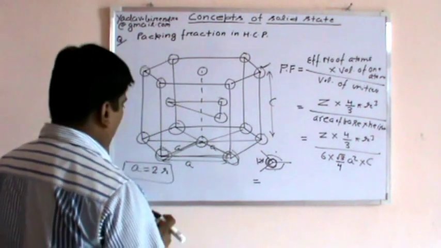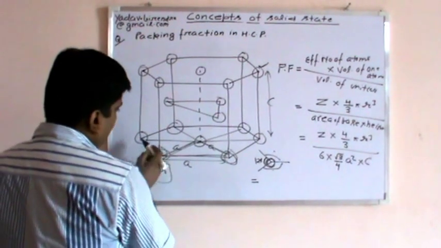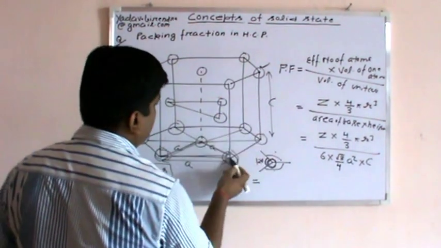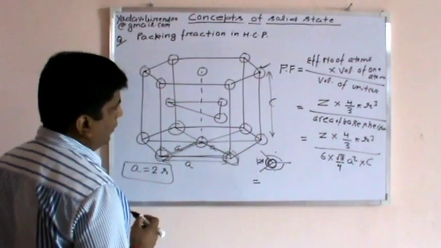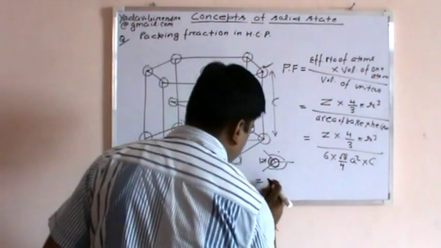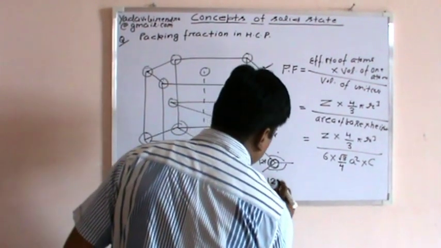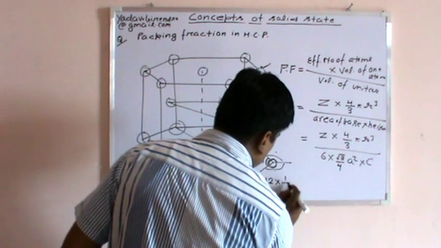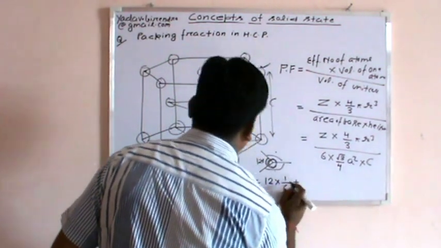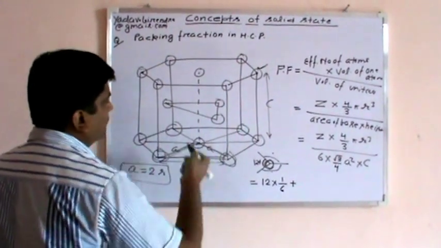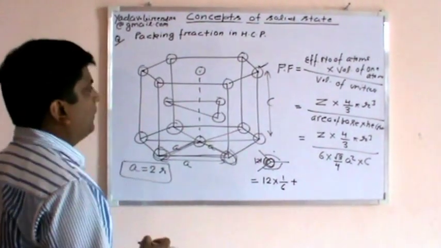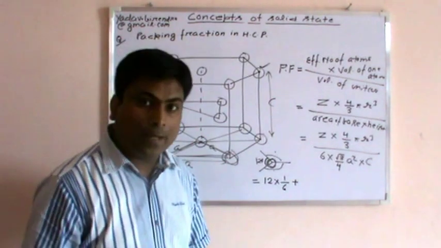Now the total number of corner atoms here are 1, 2, 3, 4, 5, 6, 7, 8, 9, 10, 11, 12. 12 corner atoms, contribution is 1 by 6. So the effective number of atoms from the corners will be this. Plus, these two are the face center atoms. As we know, the contribution of a face center atom to a particular unit cell is 1 by 2.